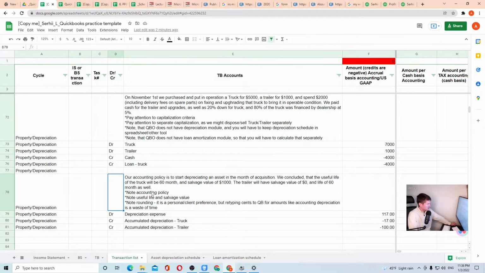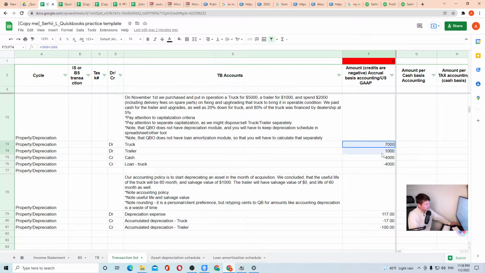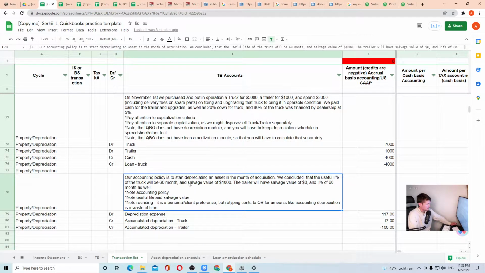But in order to depreciate the asset properly, we need to know acquisition cost, which we know from the previous lecture. We also need to know a useful life and a salvage value. Both useful life and salvage value will require your judgment and your knowledge of business and your knowledge of the market for used stuff.